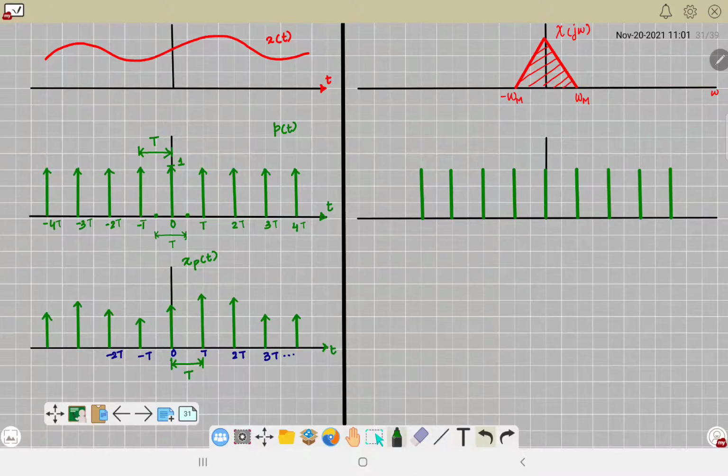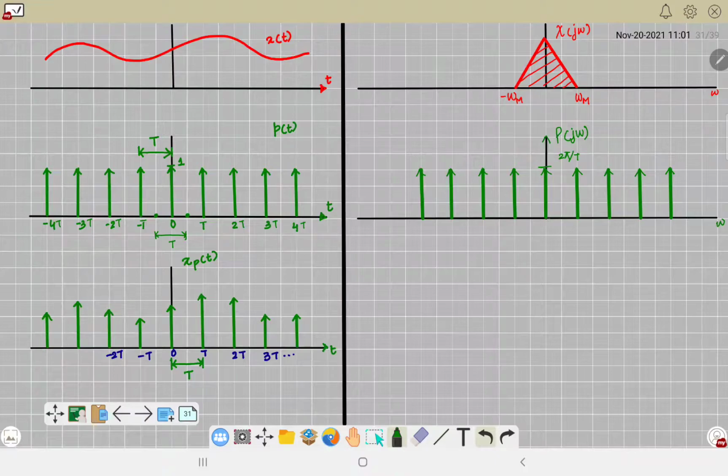Fine, with some changes. Now what will the changes be? So this is my P of j omega with respect to omega. First change: these will be modulated. Now the amplitude will not be unity, it will be 2 pi by t. So this point right here is 2 pi by t.